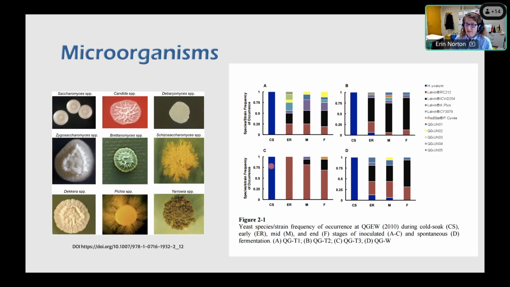And just the environment that those fermentations are happening in could really affect it. So while it may seem concerning, I would argue that maybe this is okay as long as you're not getting any off flavors and spoilage organisms.